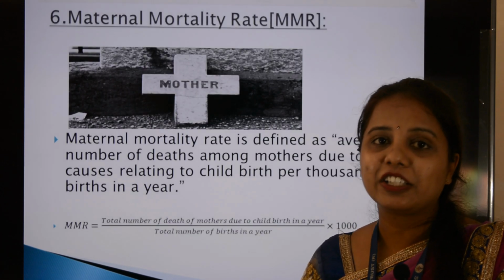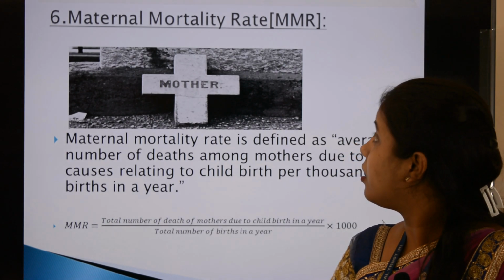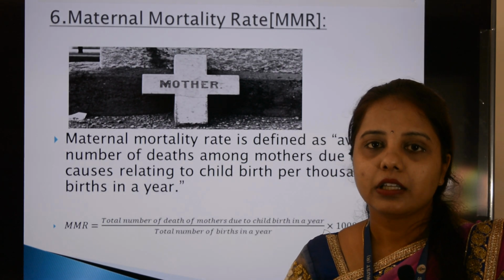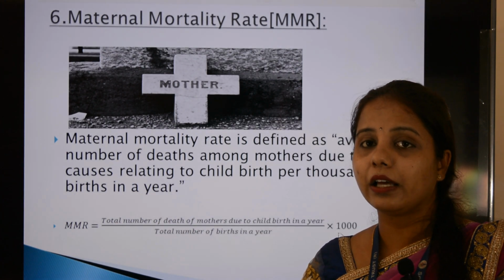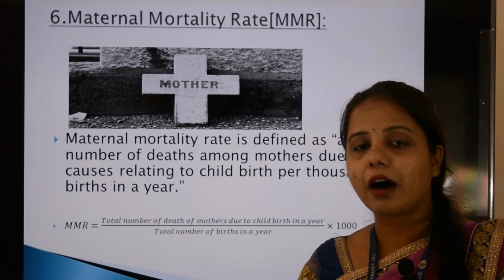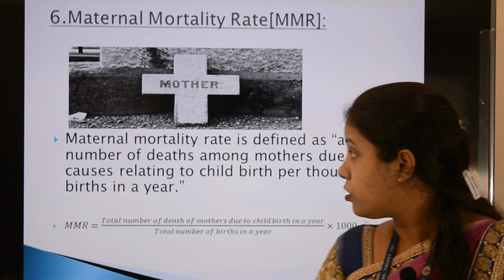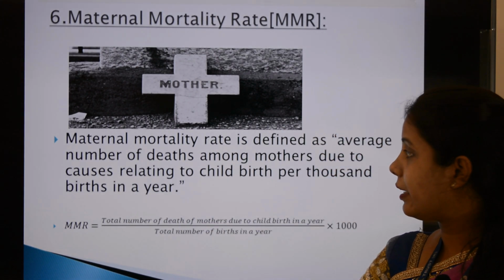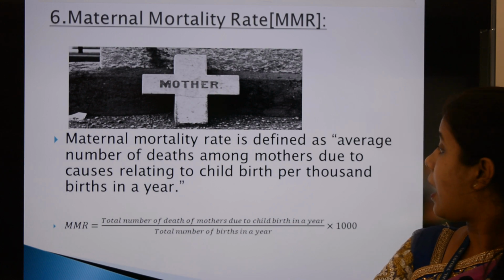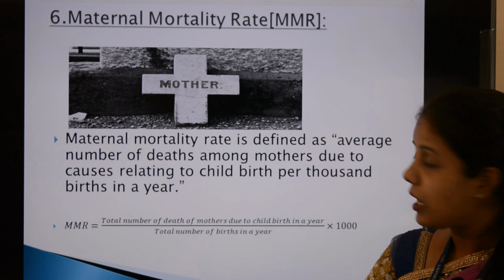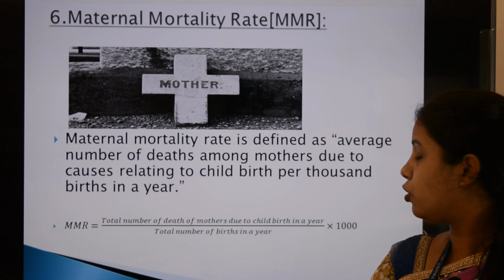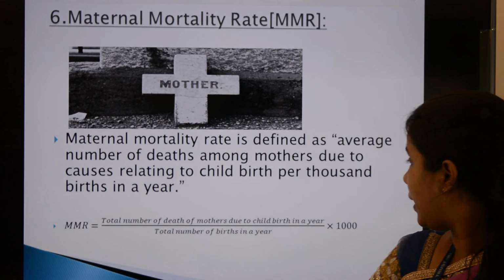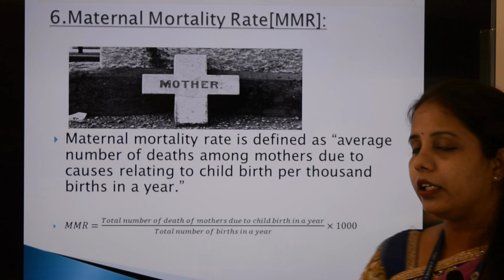The next measure is maternal mortality rate. This maternal mortality rate is about the death of the mother after delivery. So maternal mortality rate is defined as average number of deaths among mothers due to causes relating to childbirth per 1000 births in a year.